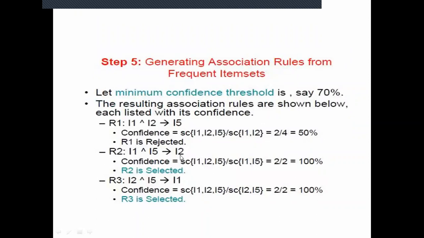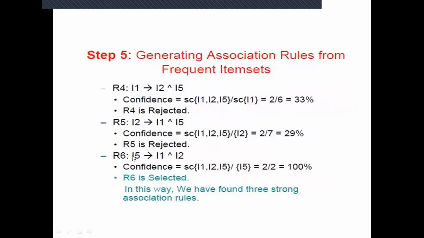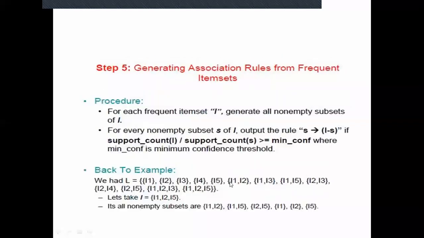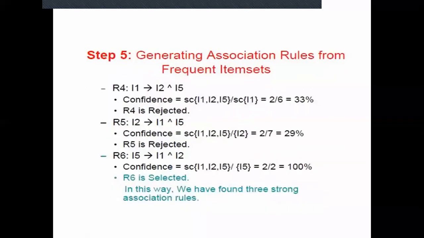I1, I5 to I2, I2, I5 to I1, and I5 to I1 and I2. That means whenever the customer is going to buy I5, that person is also going to buy I1 and I2 with 100% confidence. So these three are your association rules that are being generated. Okay. Any doubt now?